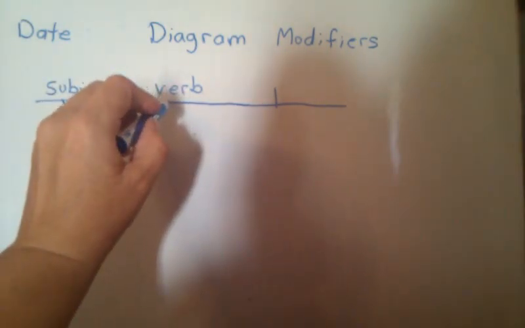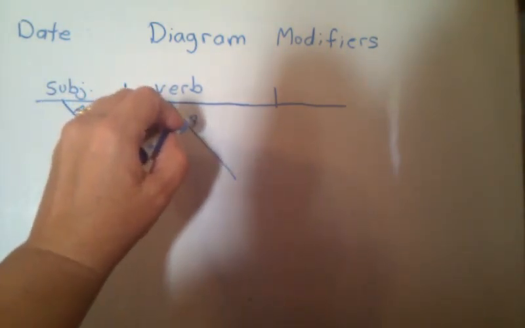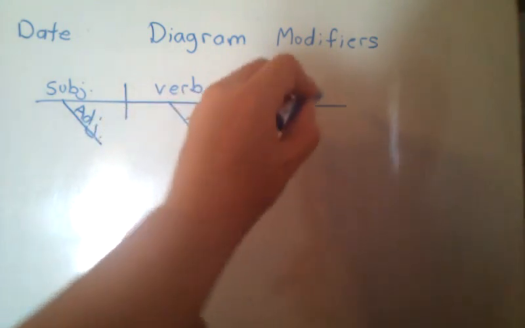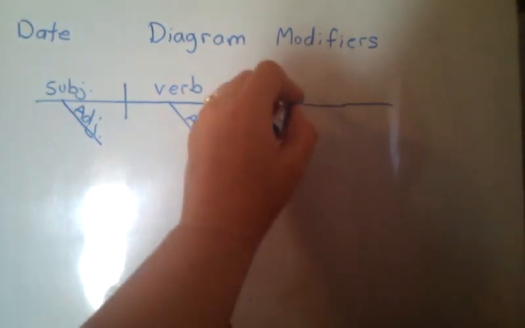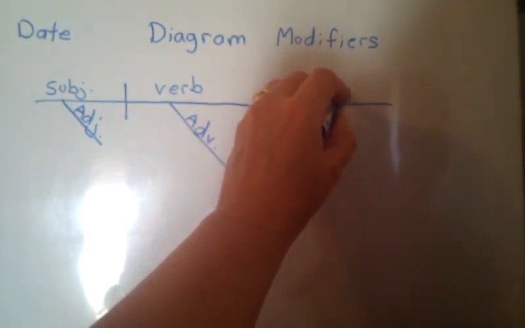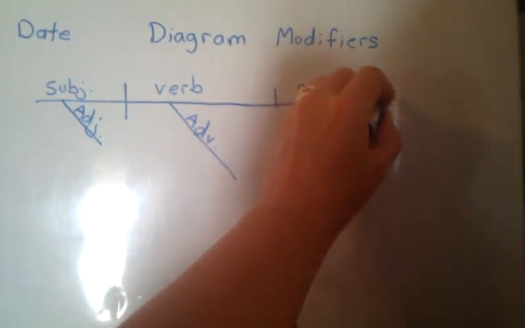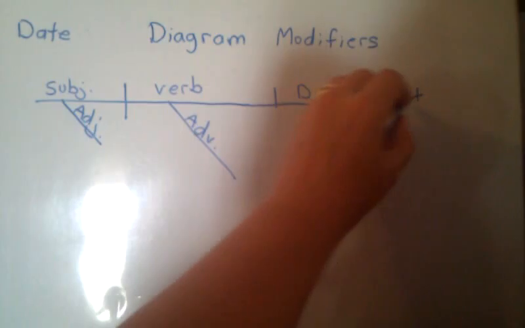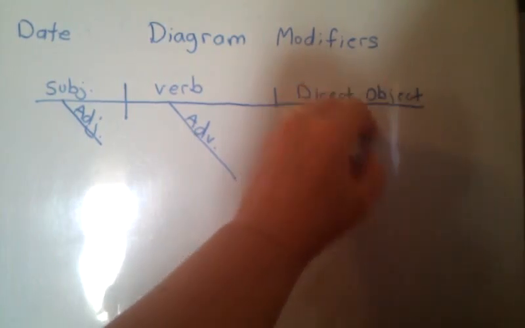Anything that describes a verb is an adverb. This would be a direct object because that's an action verb. Anything that describes a direct object is going to go down here, and that's going to be an adjective.